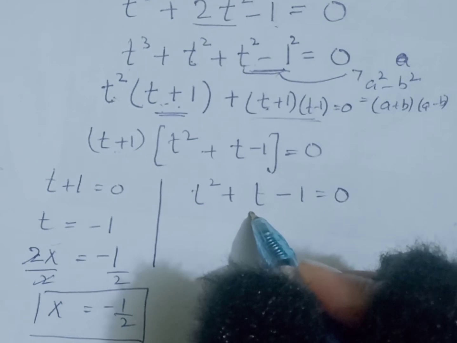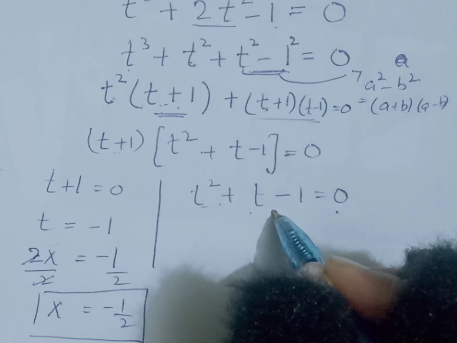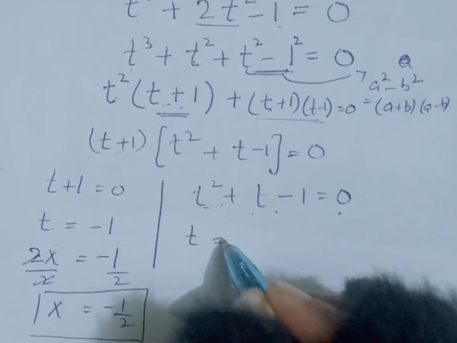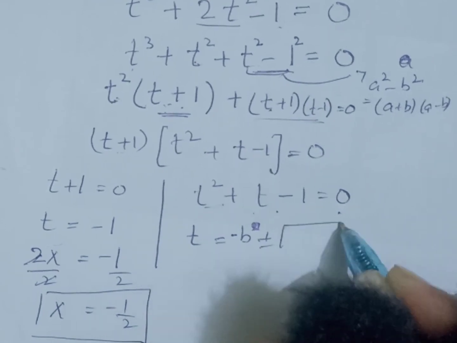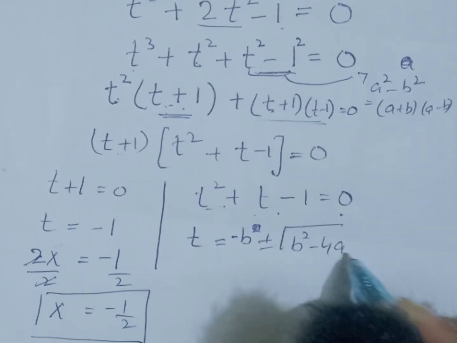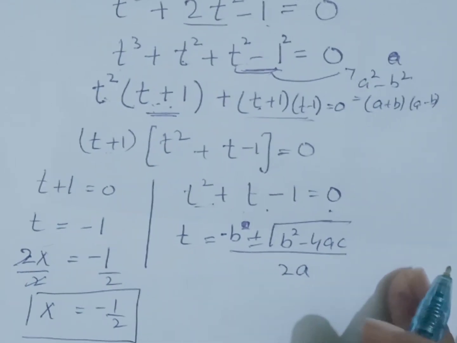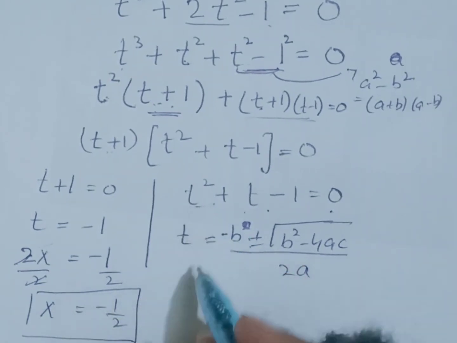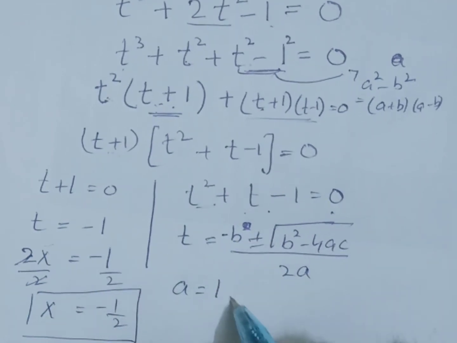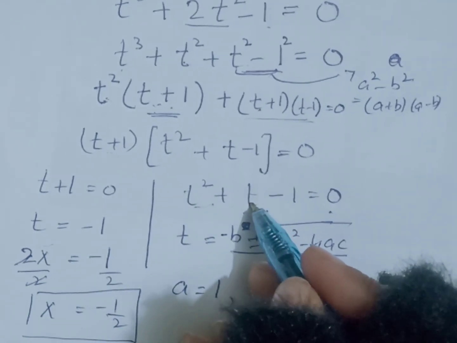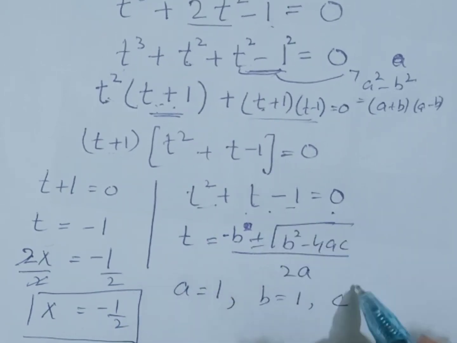Now look at this. This is a quadratic equation. So we solve this by using the quadratic formula. The formula is t is equal to minus b plus minus square root b square minus 4ac divided by 2a. In our question, the value of a is the coefficient of t square, which is 1, and the value of b is the coefficient of t, which is 1, and c is the constant, which is minus 1.